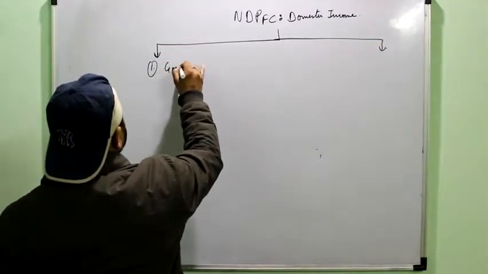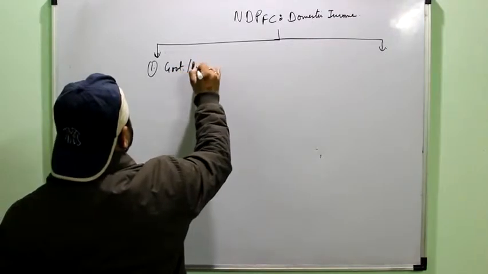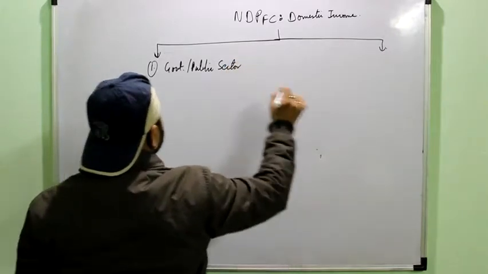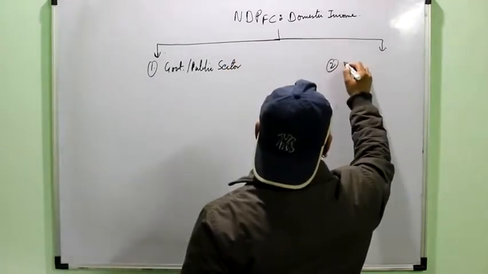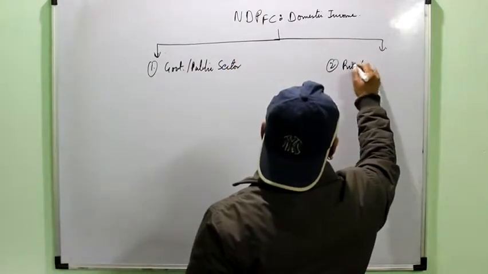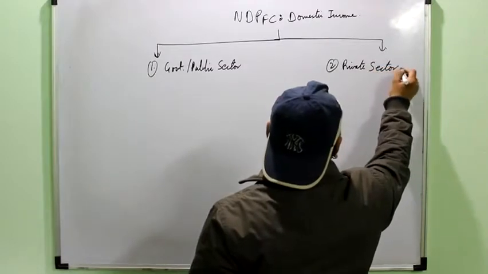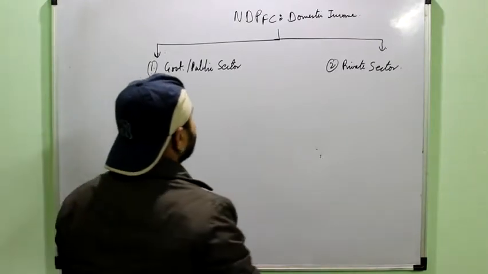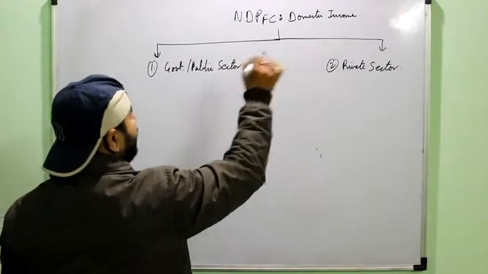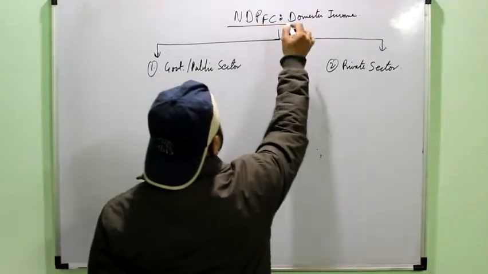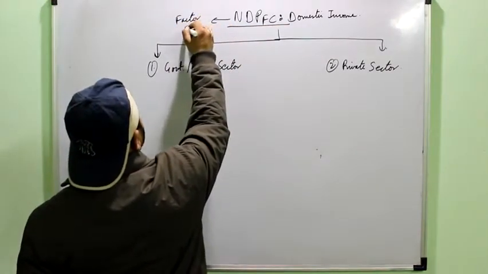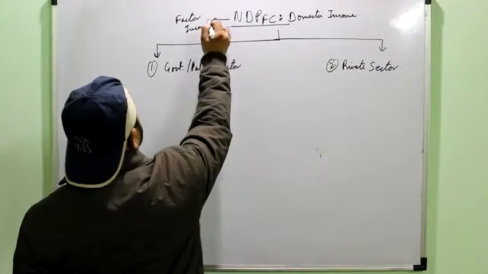One is the government or the public sector, and second is the private sector. And we have already done that the private sector includes the firm and the household. One more important thing to keep in mind is that it includes only the factor incomes.